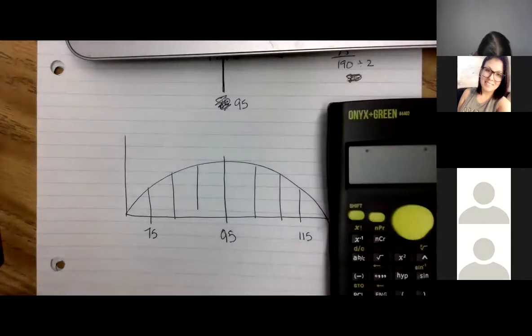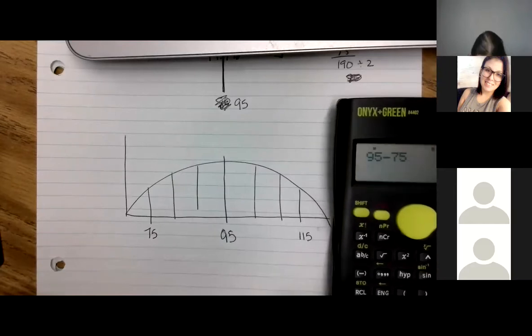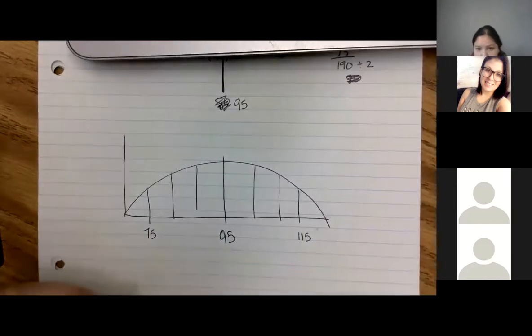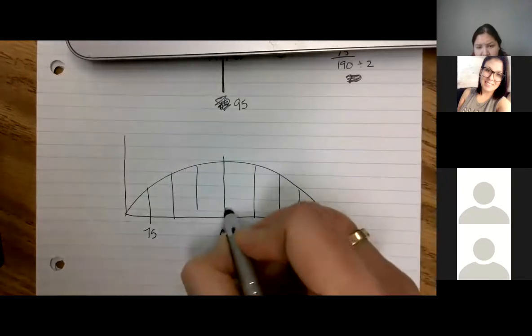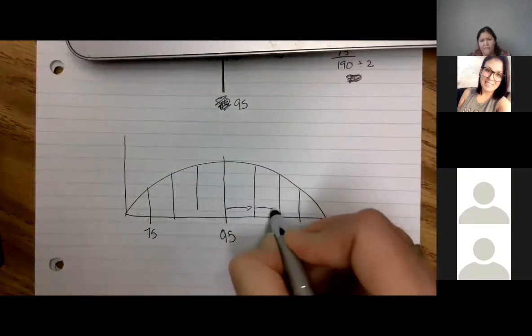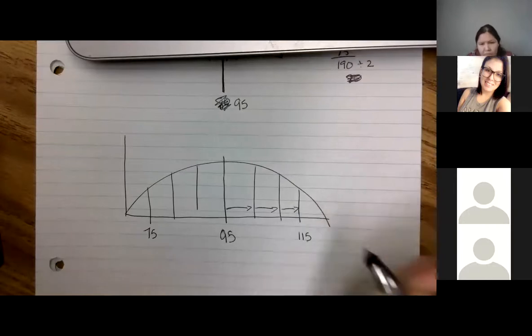Now, 95 minus 75, that's 20 on that side, and 115 minus 95. Okay, so there's 20 there and 20 there. We need to figure out how far that is, and that, and that.